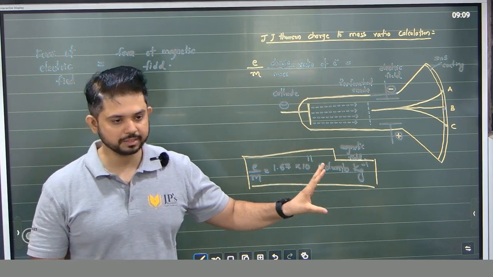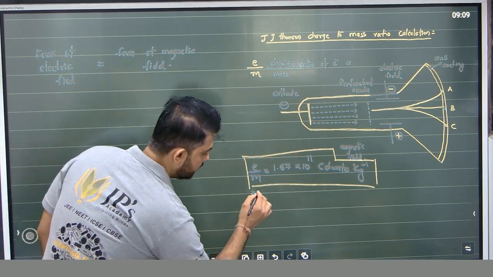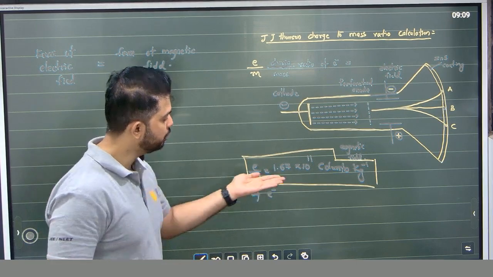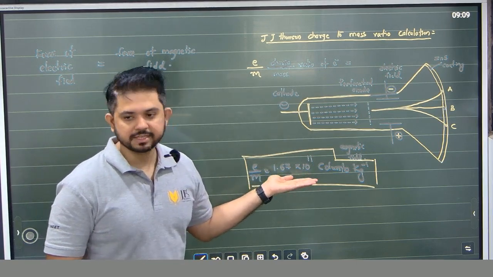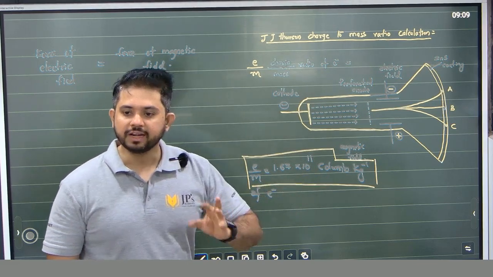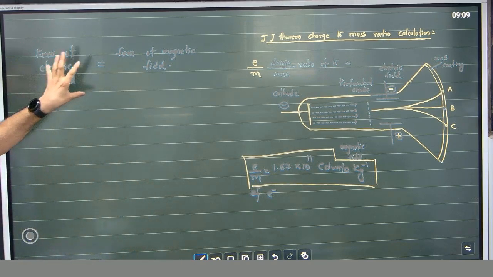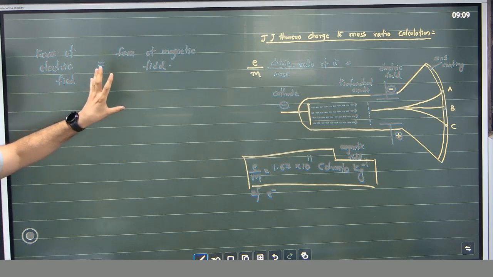So if I ask you what is the charge to mass ratio of electron in cathode ray tube experiment, तो आप क्या बोलोगे value? 1.67 into 10 to power 11 coulomb per kg. Students want to understand कि ये value कहाँ से आया? It is for them. Force of the electric field is equal to the force of the magnetic field.